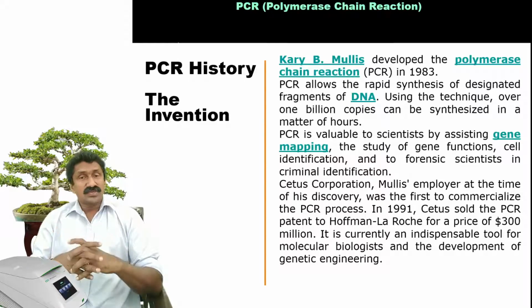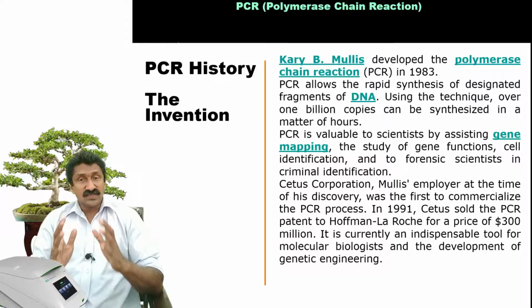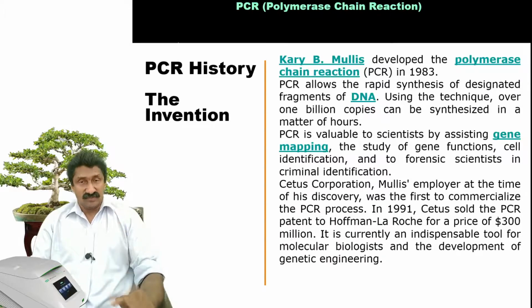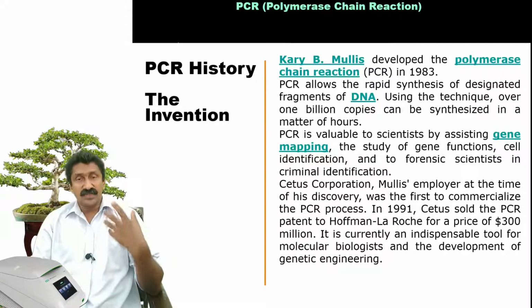PCR is valuable to scientists by assisting gene mapping, the study of gene functions, cell identification, and to forensic scientists in criminal identification. So it has various roles and various benefits for using this PCR technique.